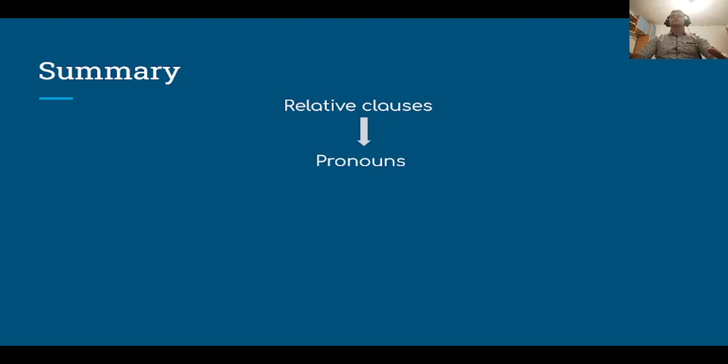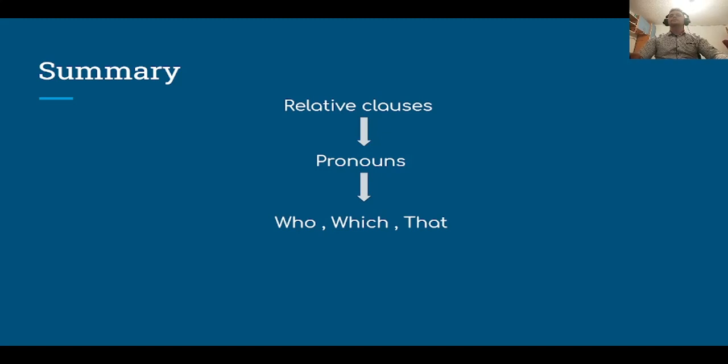Which relative pronouns did we mention? Those were who, which, and that. They are most commonly used. We mentioned what? Who is used for people, which is used for things, and we can use that for both.